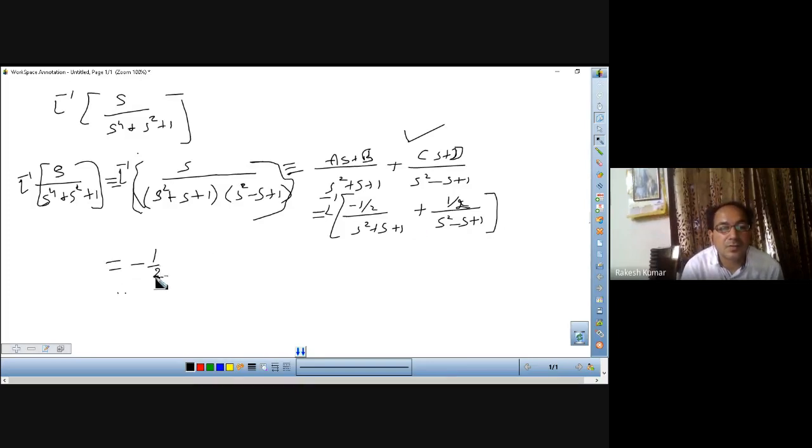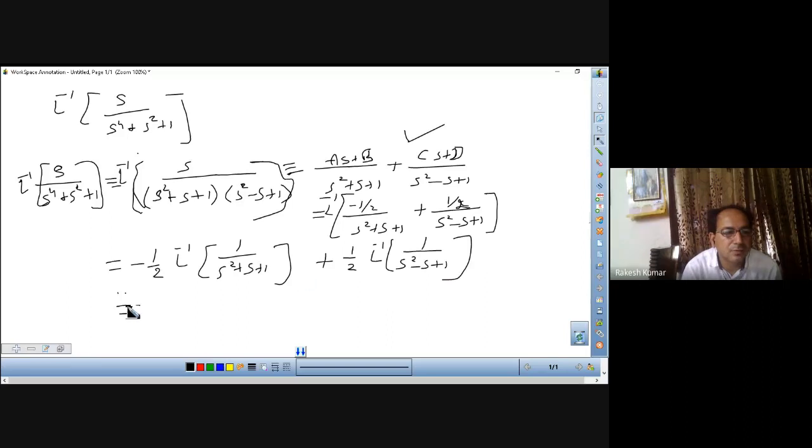First of all, constants can be taken out. Minus 1 by 2 L inverse of 1 over s square plus s plus 1, and similarly the constant 1 by 2 can be taken outside of the expression, and 1 over s square minus s plus 1. You have to make the adjustment, just see, making the perfect square.